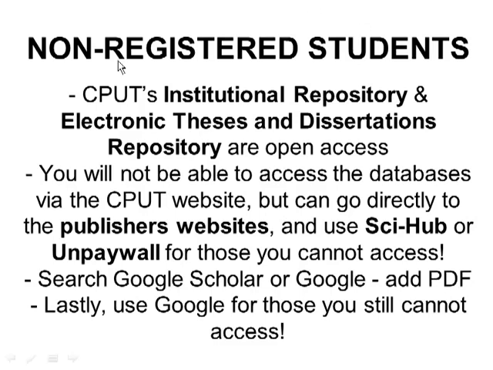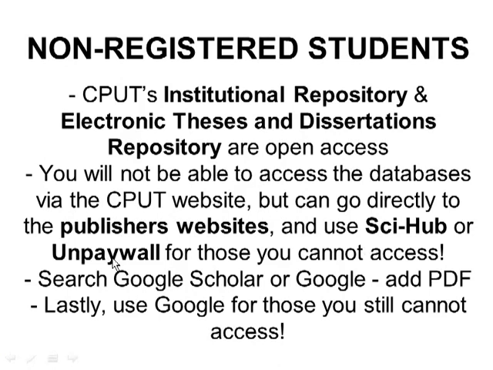So for non-registered students, CPUT's Institutional Repository and Electronic Dissertations are open access. You can't access the databases through the CPUT website, but you go directly to the publishers' websites and get the articles you can. Those you can't, you copy the titles into a document. Then you try Sci-Hub or Unpaywall.